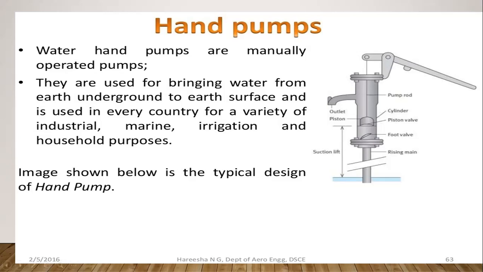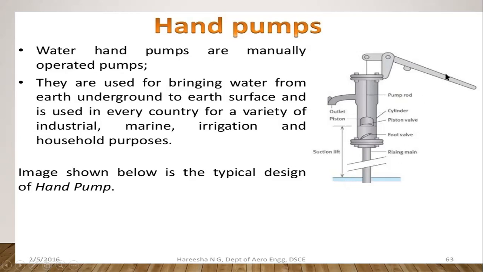In the hand pump, this is the pump rod which is fixed to the cylinder and the piston valve. This is the foot valve and the rising main. This is the water level position, which is used for suction to the outlet position piston.